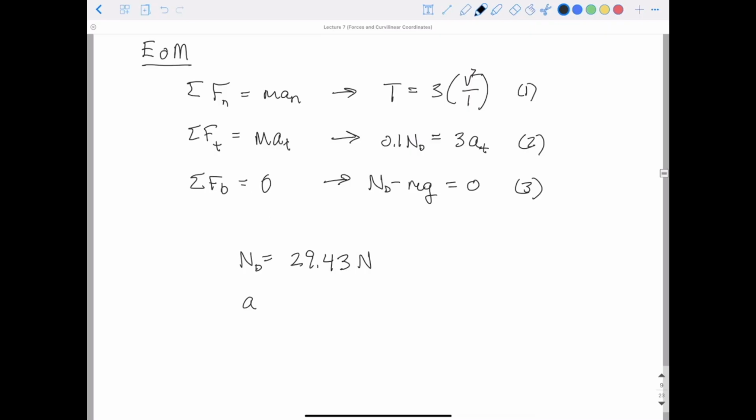Our tangential acceleration is equal to 0.981 meters per second squared.